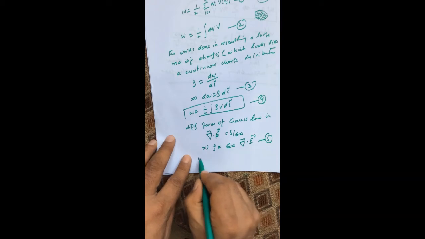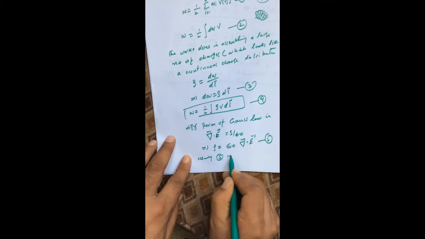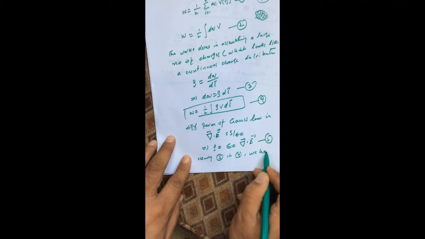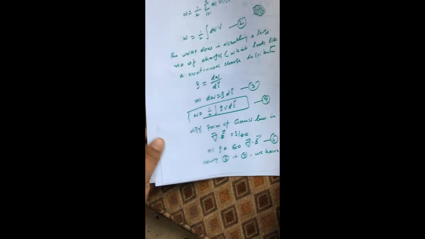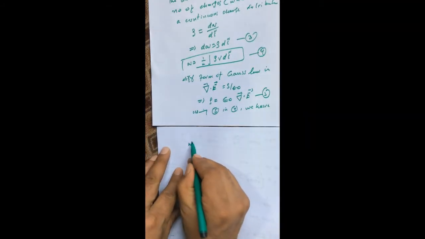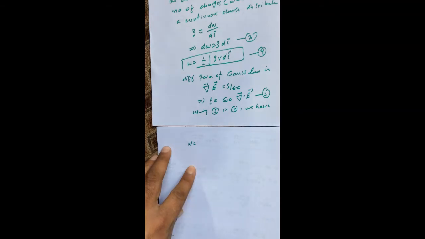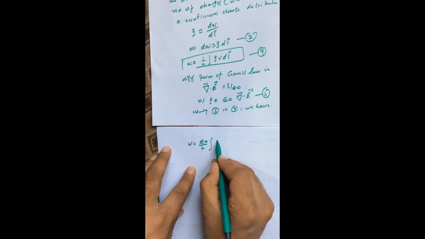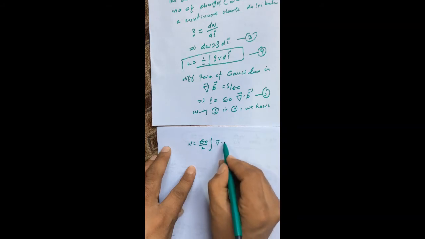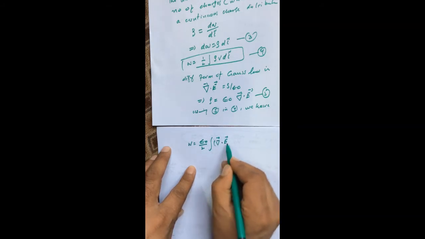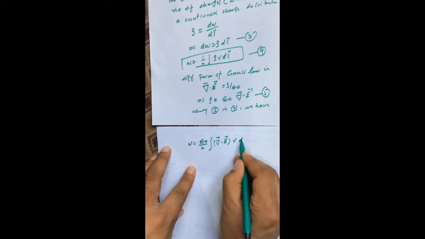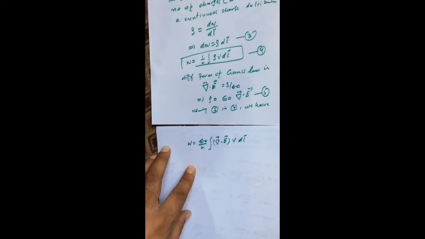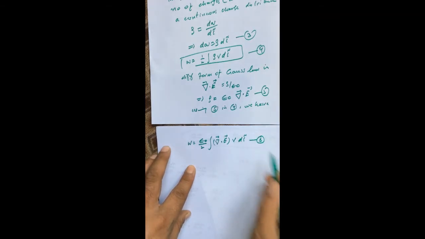Using equation 5 and equation 4, we have W is equal to epsilon naught over 2 integral of del dot E times V into d tau. This is, let's say, equation number 6.